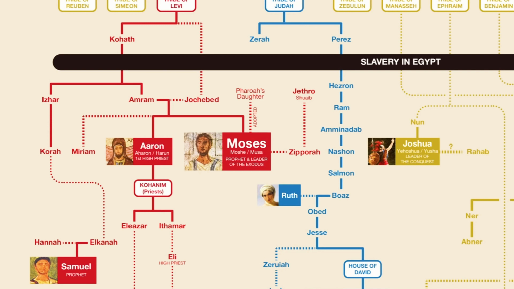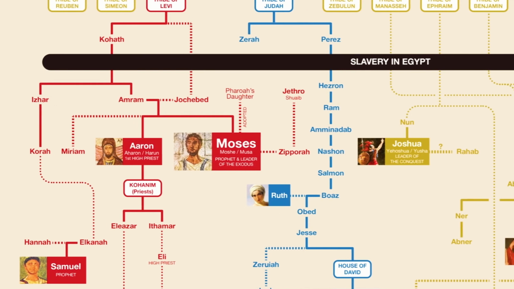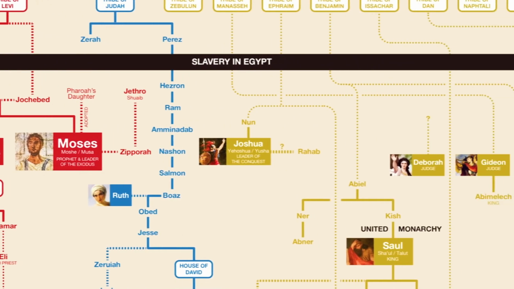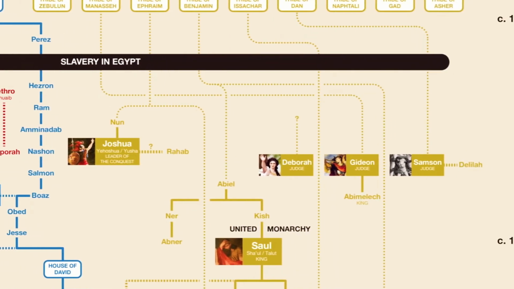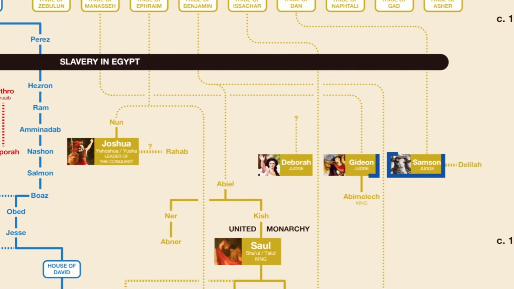Makes sense. According to the biblical account, the period between the conquest of Canaan and the rise of the Davidic monarchy was a period in which the Israelites were ruled by a series of military leaders called judges. Among these judges are several famous Bible characters, such as Samson, Gideon, and the female judge, Deborah.